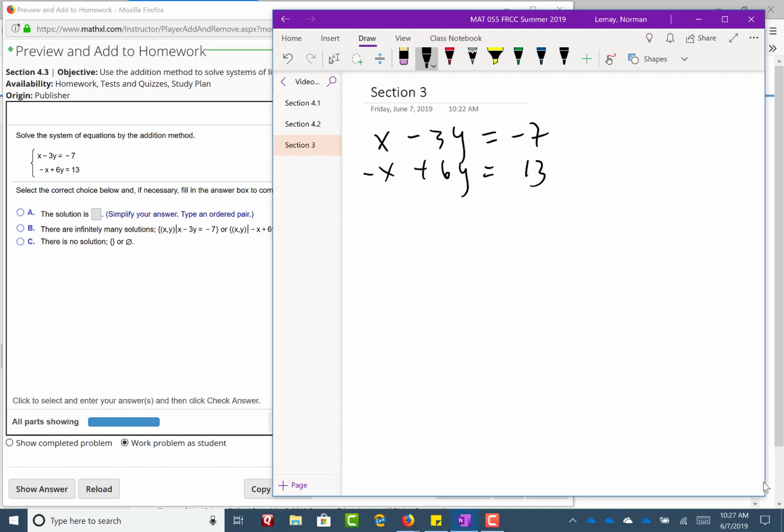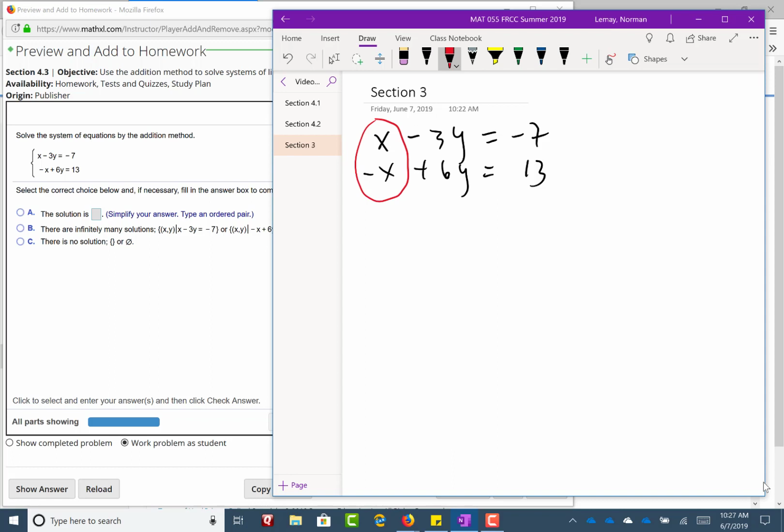So let's take a look at what we have here. I have x minus 3y on the left side and negative x plus 6y on the left side. I'm not going to worry about the right side at this point in time. Notice the x's have a 1 as their coefficient, and they're opposite signs. The top one's positive, the bottom one is negative.